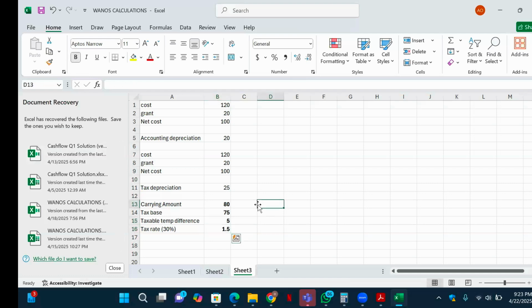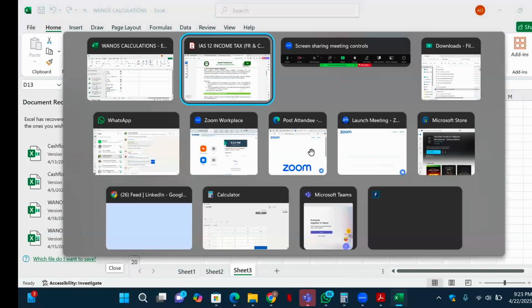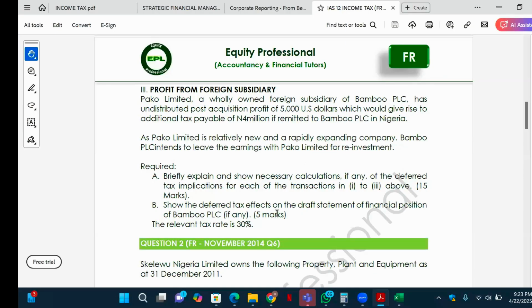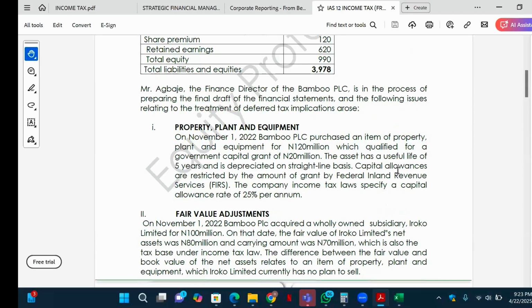The capital allowance rate, this 25%, is what the tax authority will consider when they want to determine the tax base of an item of PPE. It is different from the income tax rate of the company.